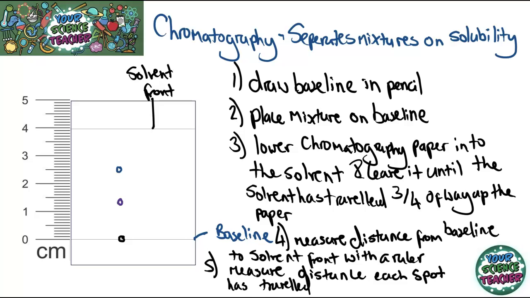And the equation for RF values, and this is the 6th step, we're going to work out the RF, which equals the distance moved by the spot over the distance moved by the solvent.